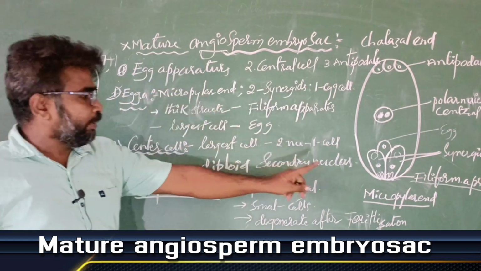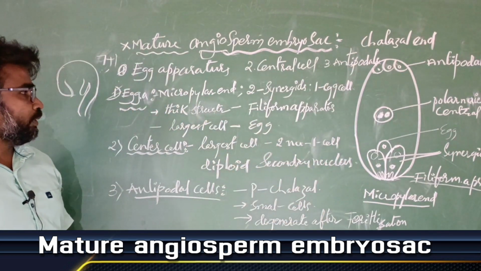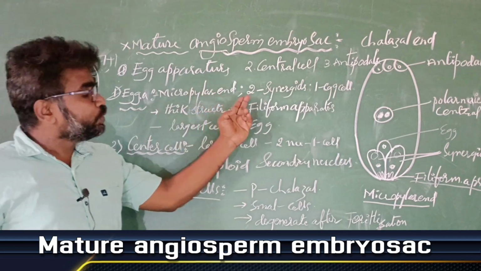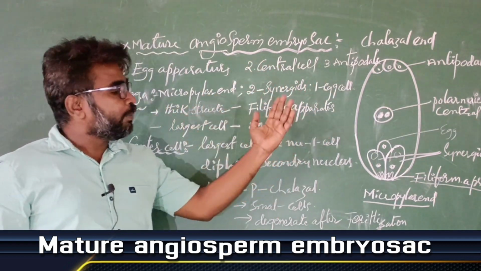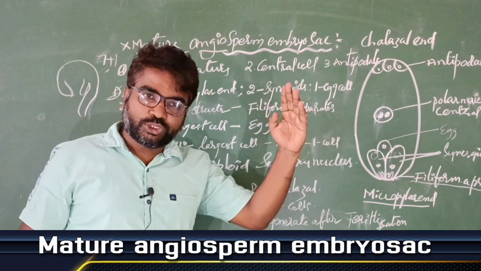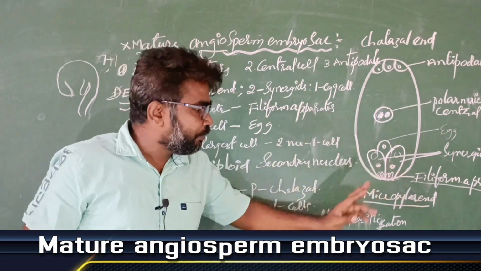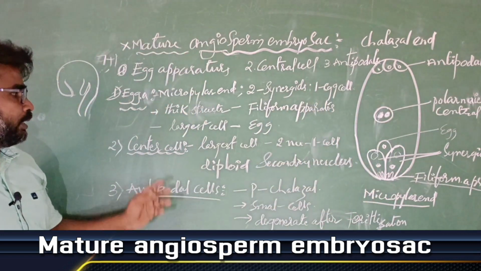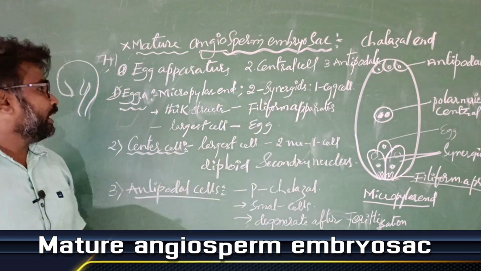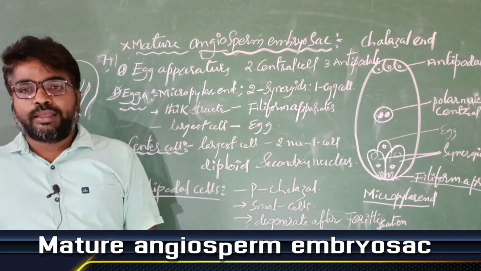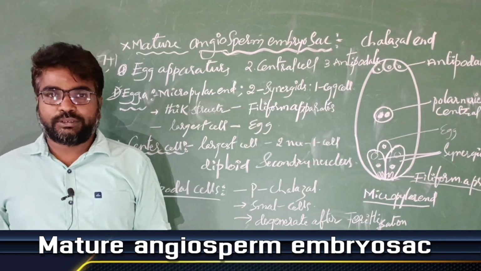It is present at the micropylar end, it consists of 2 synergid cells and 1 egg cell. The finger-like projections are thick structures called the filiform apparatus. A larger egg cell is present here. That's it, that is regarding the egg apparatus.